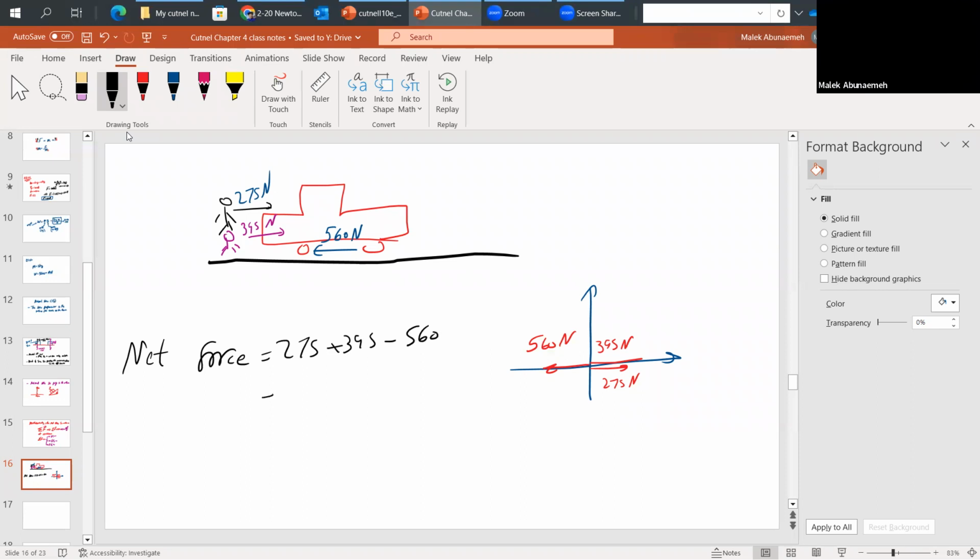So your net force in this case would equal 110 newtons. Let's say the car's mass was 1,850 kilograms. Find the acceleration.